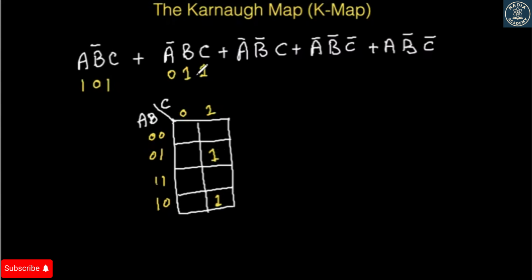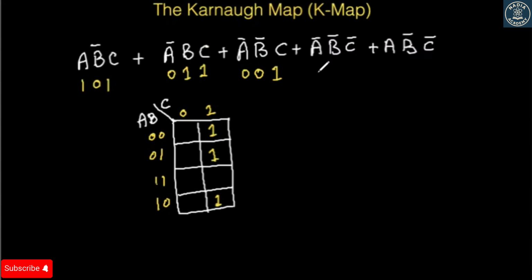So wherever this product term belongs, our output will be 1. Now we have A bar, which is 0, B bar 0, C is 1. So 0, 0, 1. So here we will put 1.